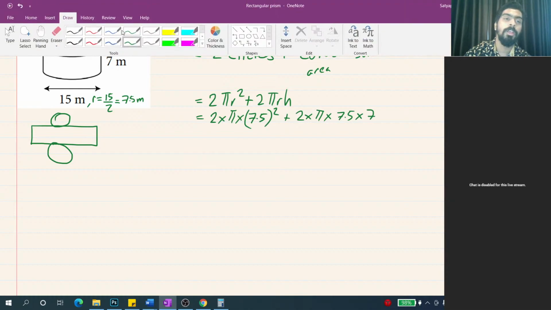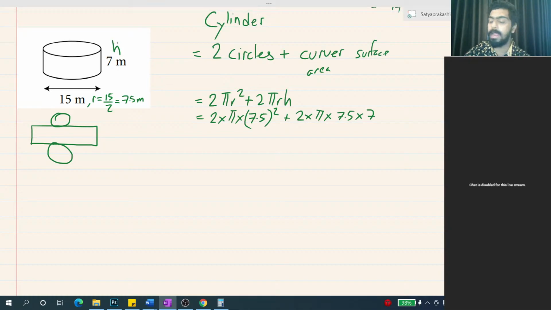Let's keep the value of pi as pi for now, and then we will write the final answer without a pi. So 2 multiplied by pi multiplied by 7.5 to the power of 2 should give us 56.25, plus 2 times pi times what would we have here?